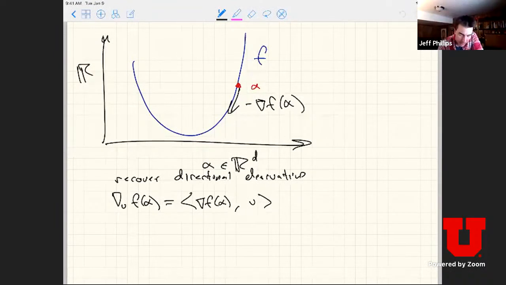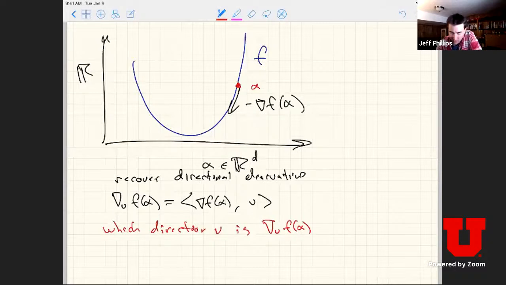Okay, so then I can ask which direction u is the directional derivative of f at alpha the largest. Okay, and remember, u is a unit vector, so we only get to pick a direction, and this is maximized when u is actually in the direction of the gradient, right?